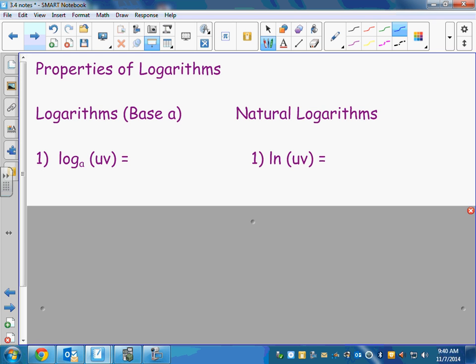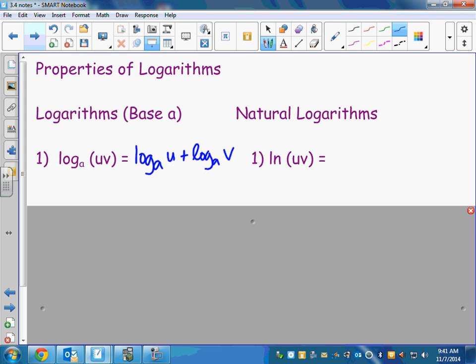When you multiply exponents, you add them, right? X squared times x to the third is x to the fifth. So when you multiply with logarithms, you can break that up as addition. You can rewrite the log of something multiplied together as two logs: log base a of u plus log base a of b.